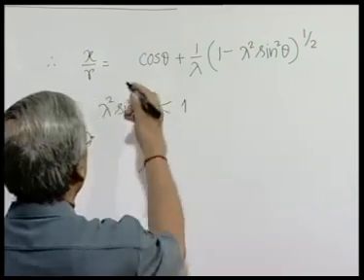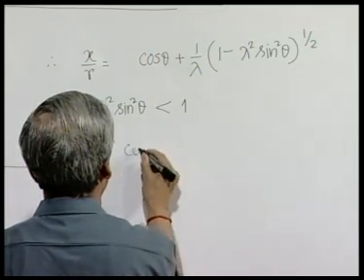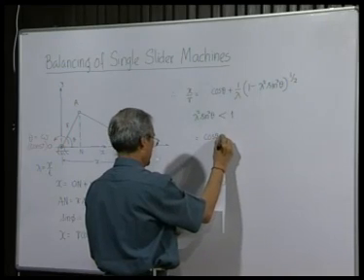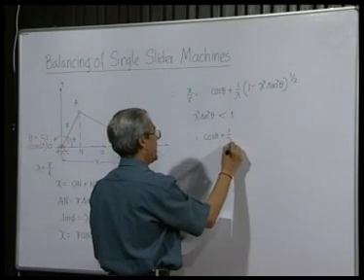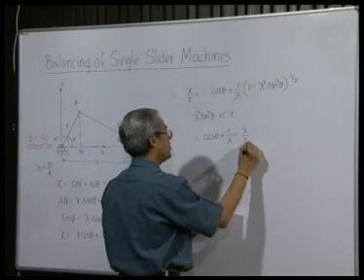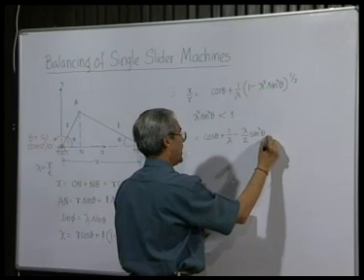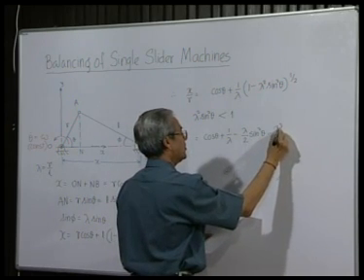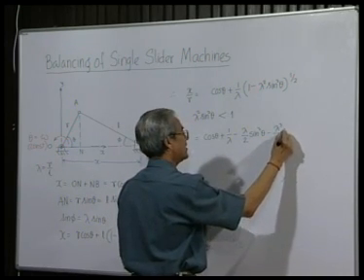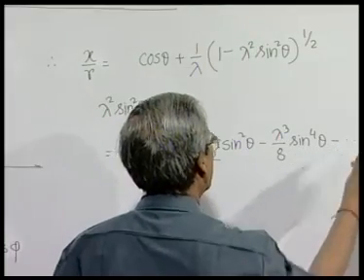If we expand it, we will get cosine theta plus 1 by lambda minus lambda by 2 sin square theta minus lambda cube by 8 sin to the power 4 theta and so on.